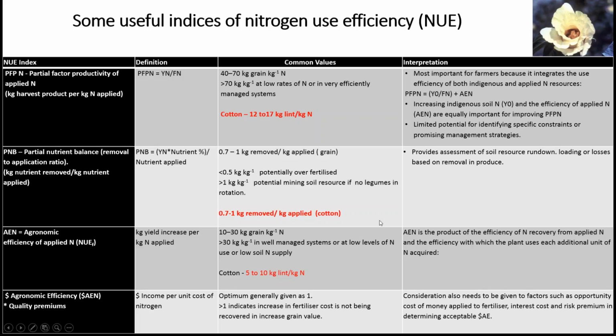I had a quick look at some numbers because Sal gave me some seeds and some gin turnouts and some lint yields this year from her project at Dirranbandi, and the sites that were approaching 12 for high efficiency in the previous index were up in the 0.7, 0.8 in this index. So what this takes into account that the previous index doesn't is the loading of seed.